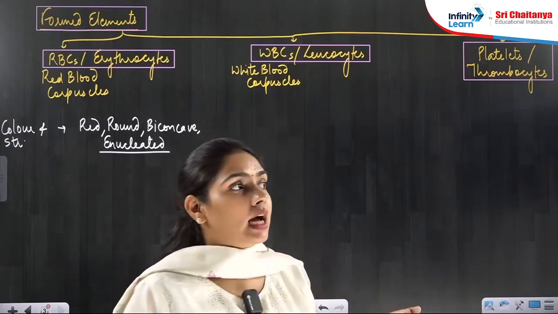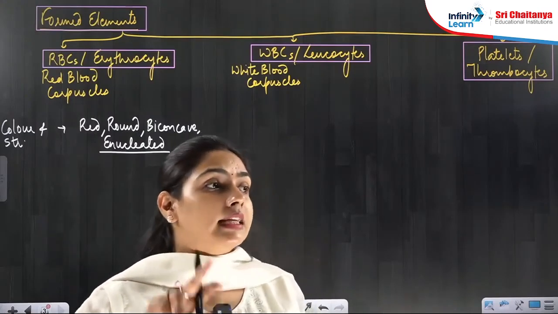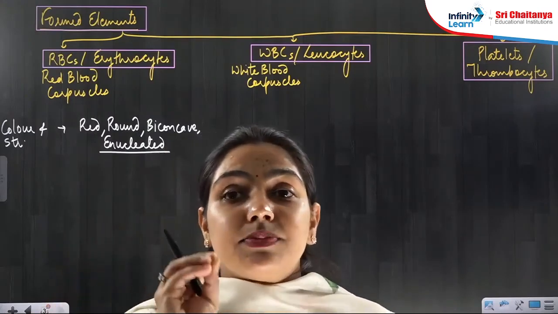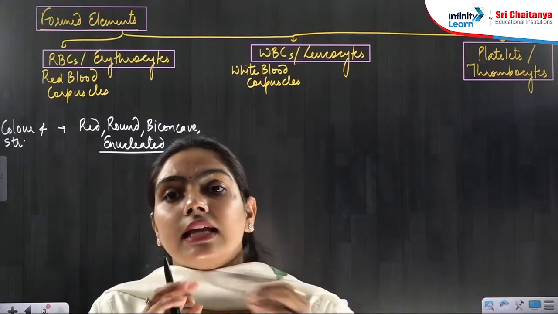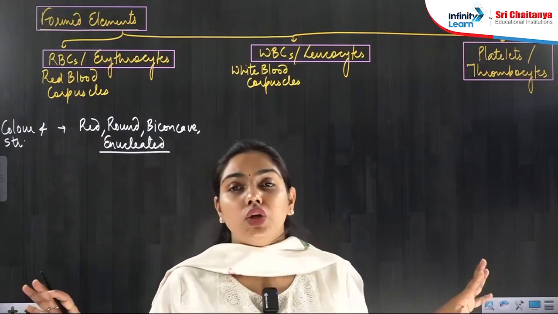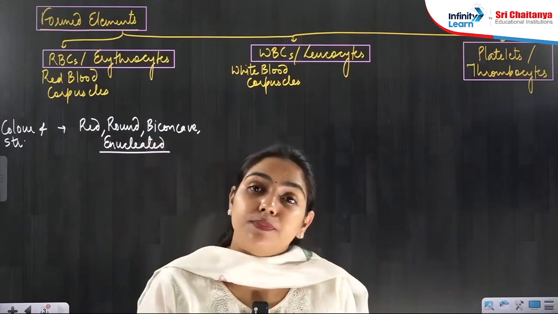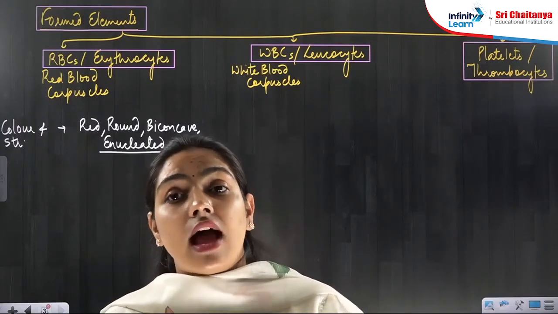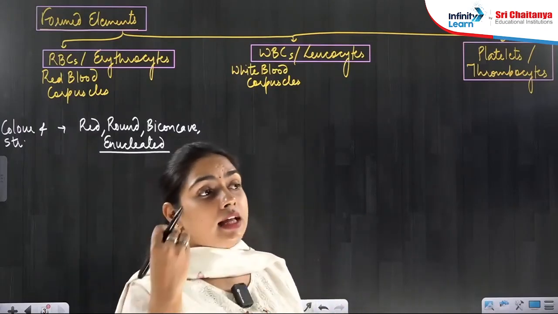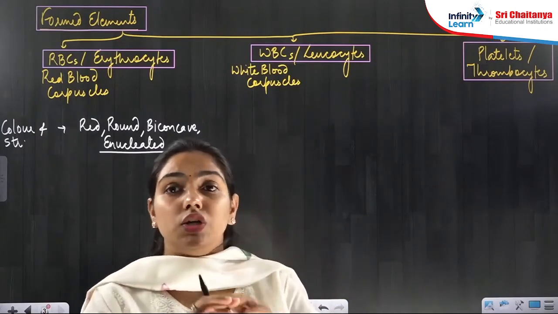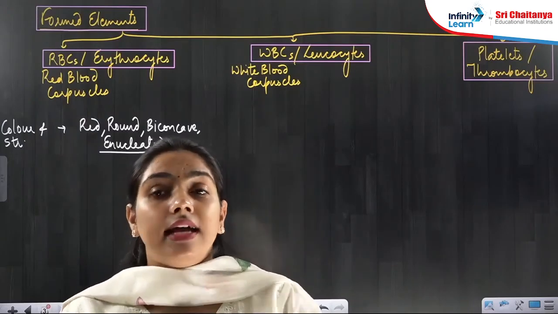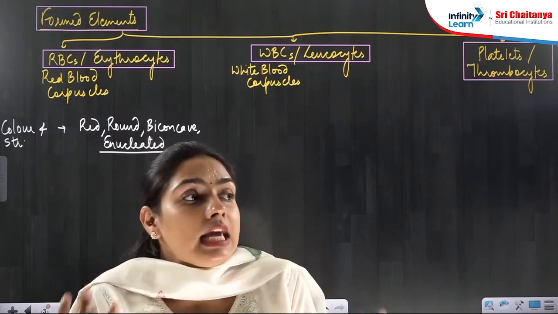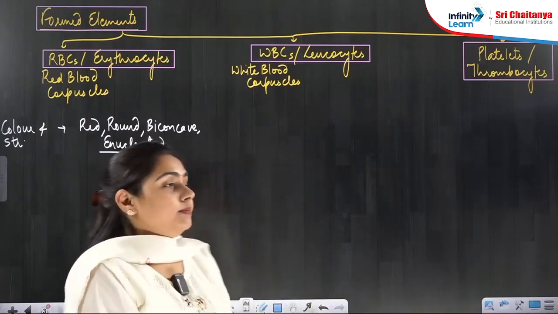Hemoglobin is present inside the RBC, so the RBC should not have a nucleus. It should have a lot of space. RBC does not have the nucleus or cell organelles. It has a lot of space for the hemoglobin, right?